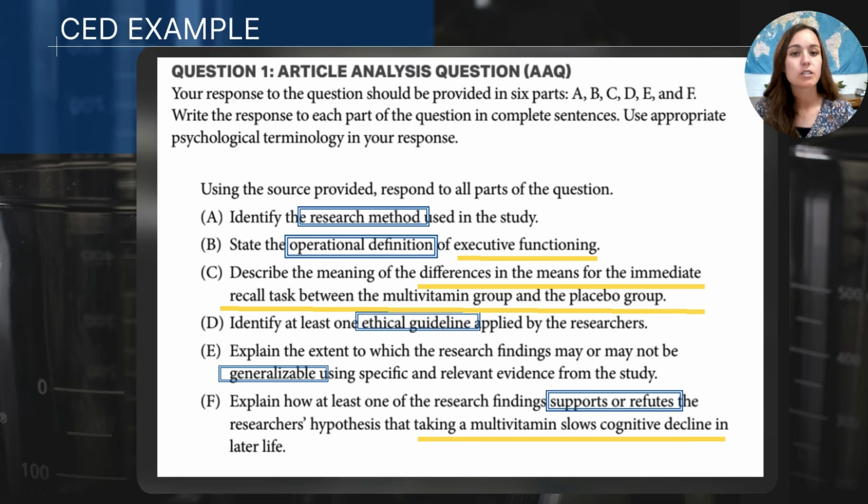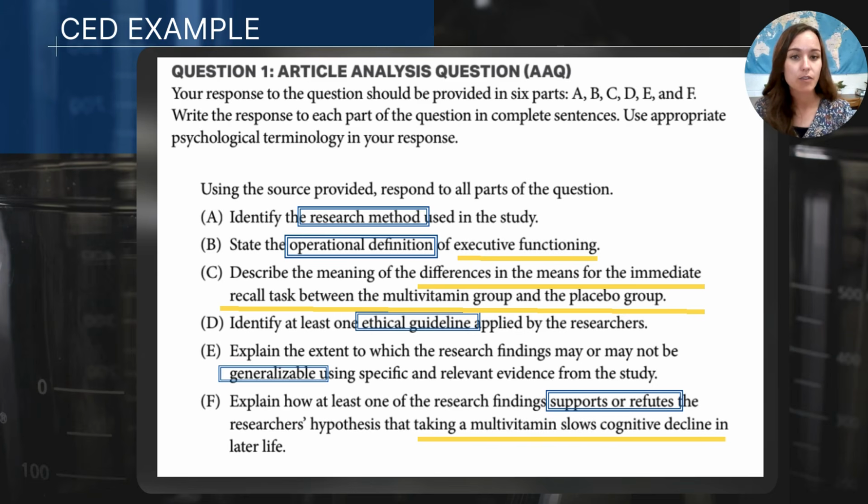Part C says, describe the meaning of the differences in the means. So our statistic we're going to be looking for are the means between the immediate recall task in the multivitamin group and the placebo group. So we need to be listening for the means for these 2 different groups, because we're going to have to describe the differences between the means in those 2 groups.